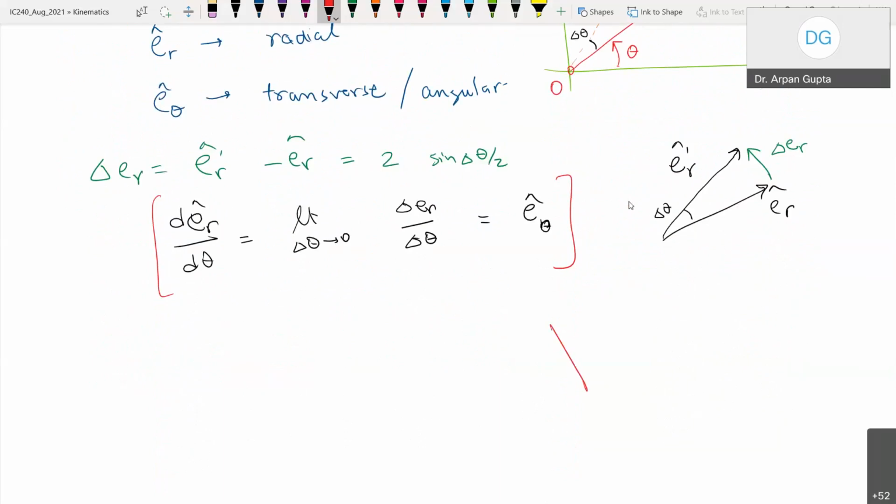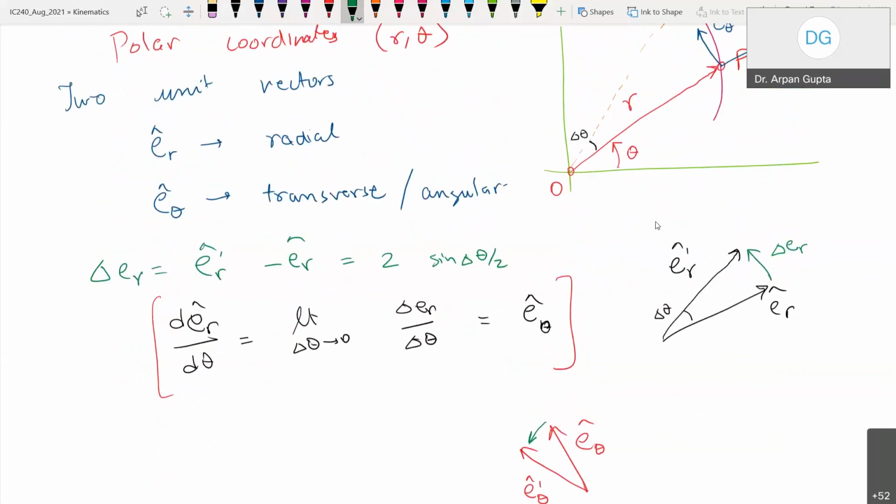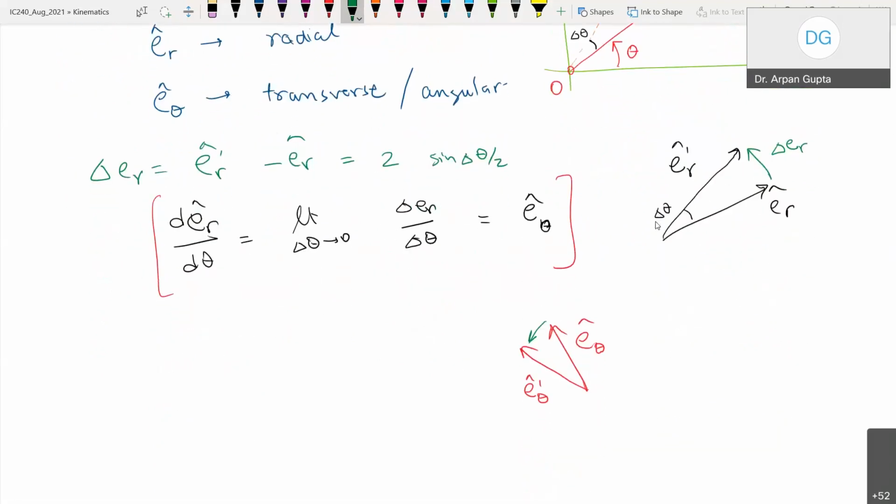So if this is our e theta cap, and now it has moved to e theta cap prime, the change in this, you can see, will be in this direction, which is opposite to er direction, right? So again, if you do the same analysis, what we will see is that d e theta by d theta will be er, but in the opposite direction, so with a negative sign.